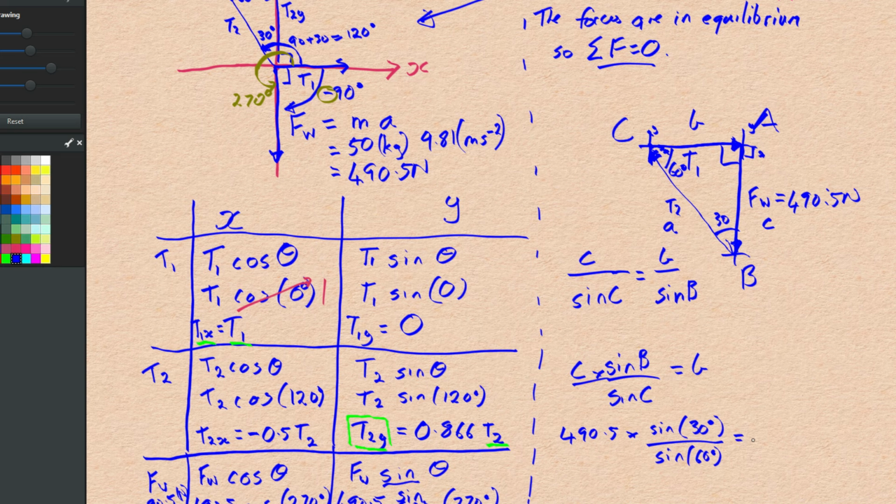which gives us, the calculator says 490.5 times sine of 30 divided by sine of 60, 283.2 newtons.